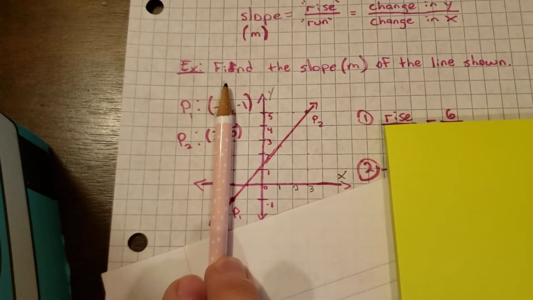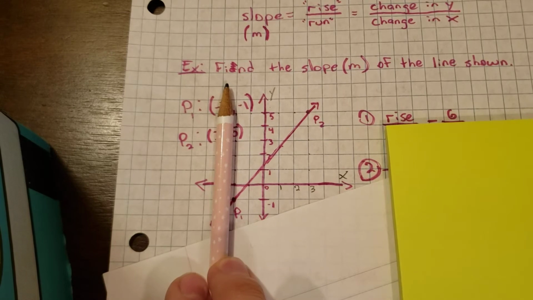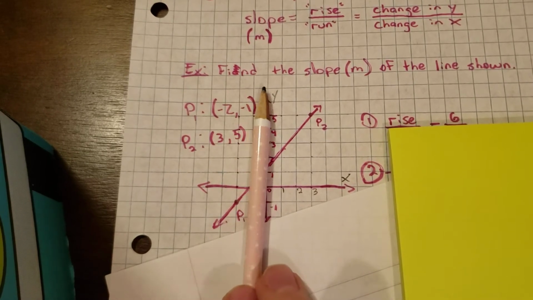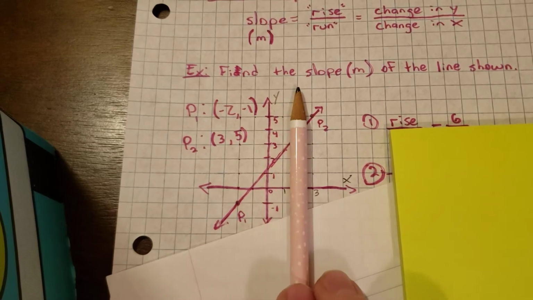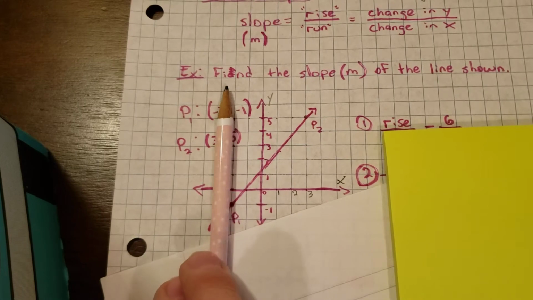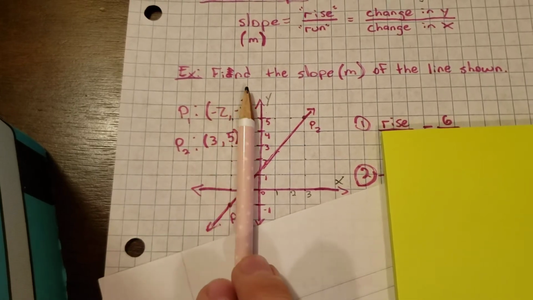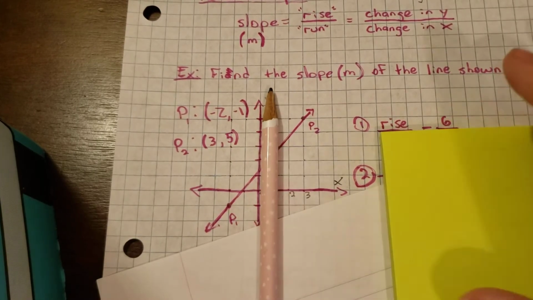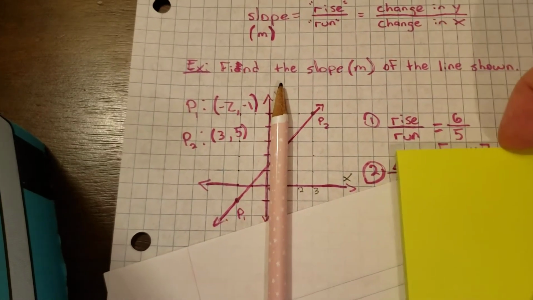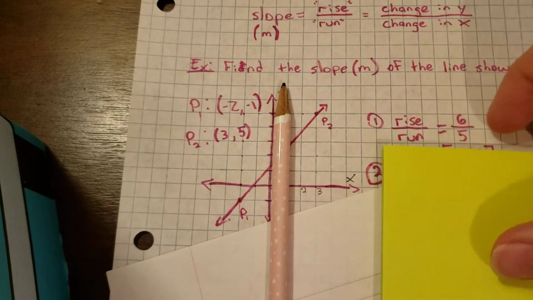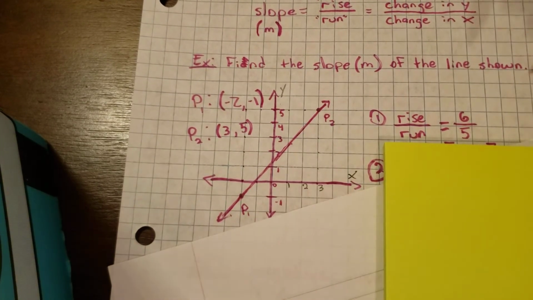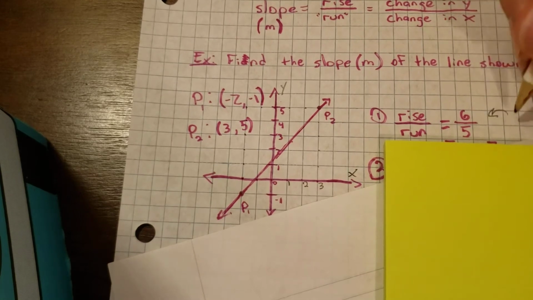So I'm starting at -2, and I'm moving over 1, 2, 3, 4, 5. Now I'm keeping my pencil vertical while I do this. So 1, 2, 3, 4, and I move over 5, or I run 5. So my slope in this case is 6/5.